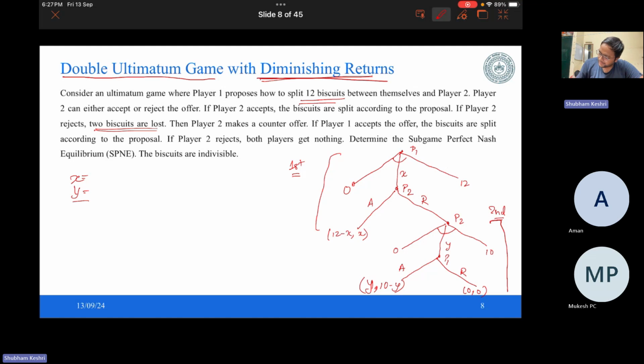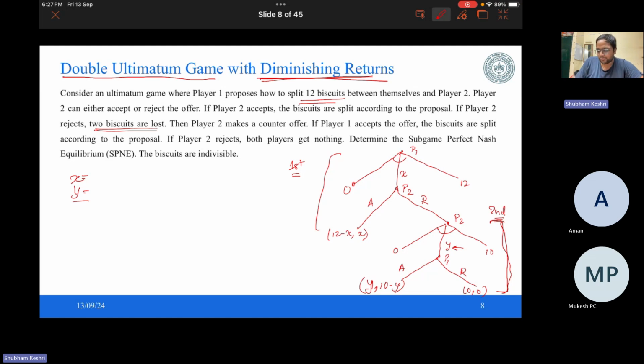The second stage game is very similar to the single stage ultimatum game. Over here, any value of y which is positive will make player 1 accept the offer, because if he rejects, he will get a utility of 0.